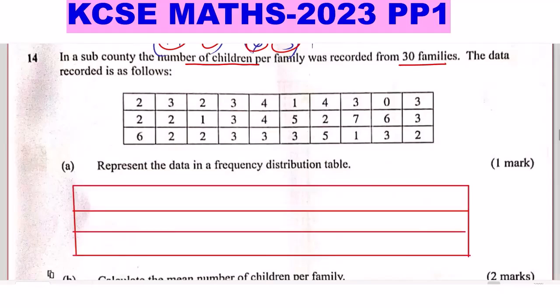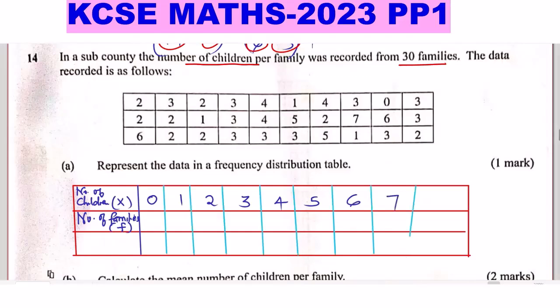I'll have the number of children, which I will represent by X. Then the number of families, which I will represent by F, which is the frequency. From 0, the least, then 1, 2, 3, 4, 5, 6, and 7.